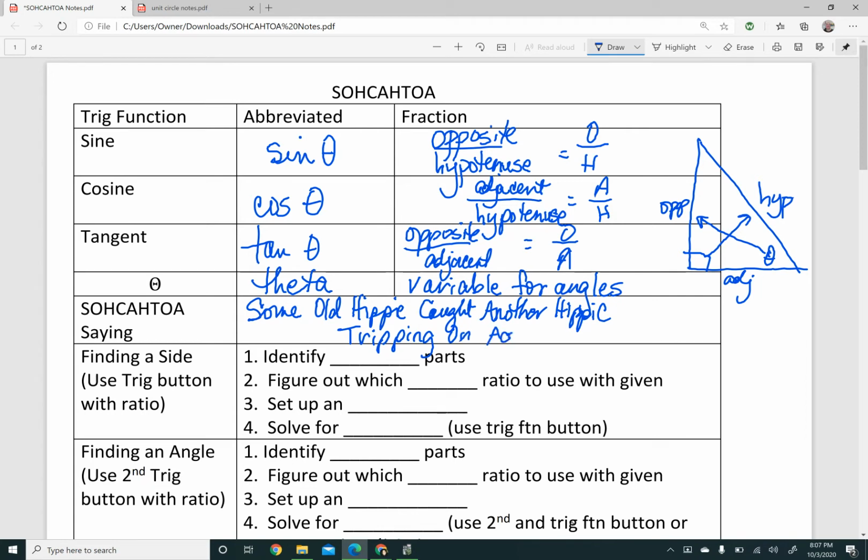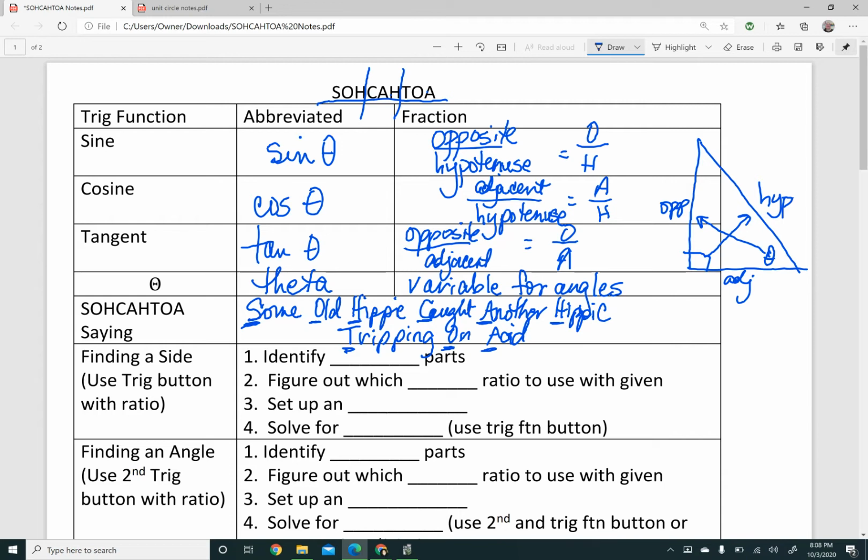Now, why does that saying help us? Because what it says is sine is opposite over hypotenuse, cosine is adjacent over hypotenuse, and tangent is opposite over adjacent, which is what this is right here. So sine is opposite over hypotenuse, cosine is adjacent over hypotenuse, tangent is opposite over adjacent.